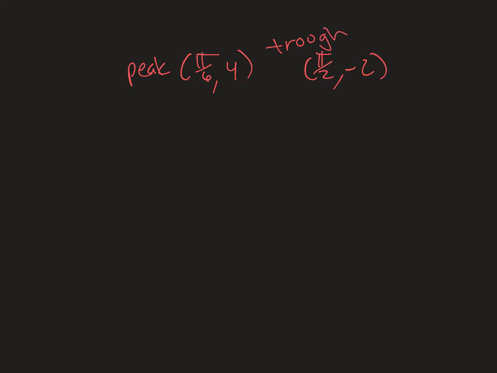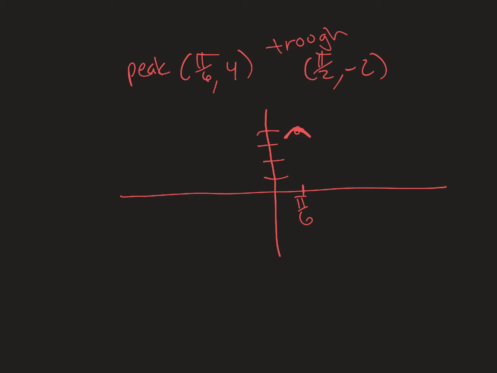All right, so I think it's helpful to draw this. It doesn't have to be overly accurate, but we've got some peak value at, we'll just say, pi over 6 and 4. So that's going to be a local max value.